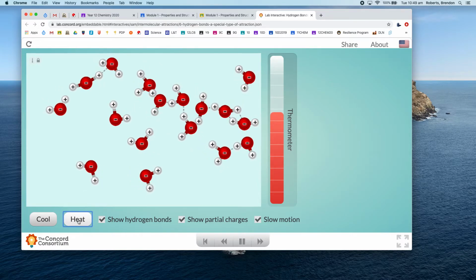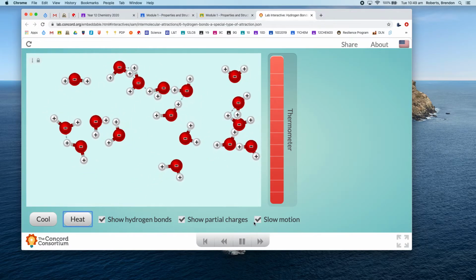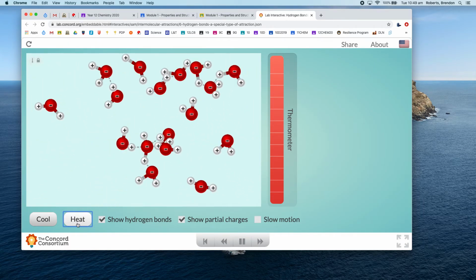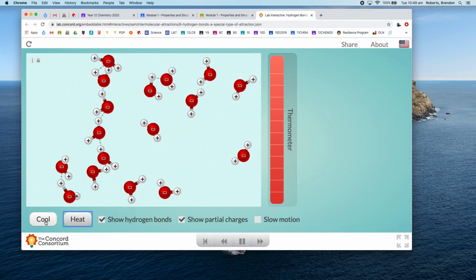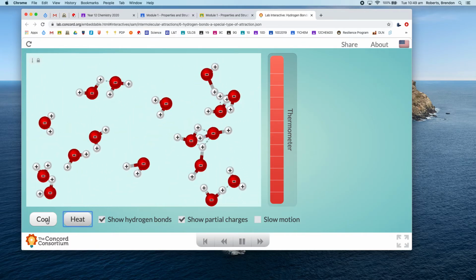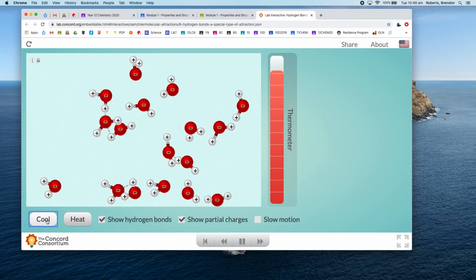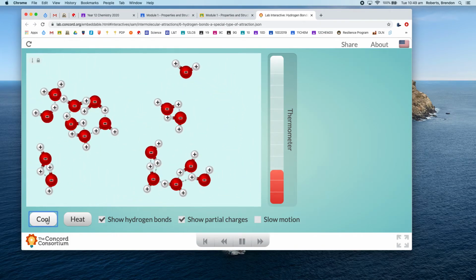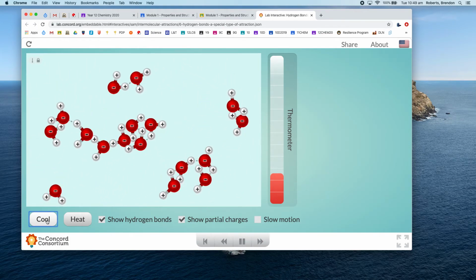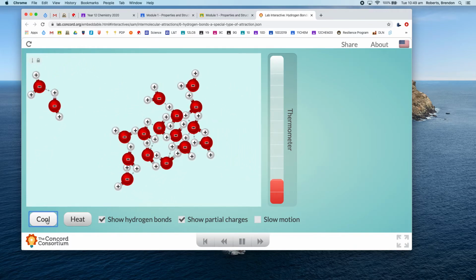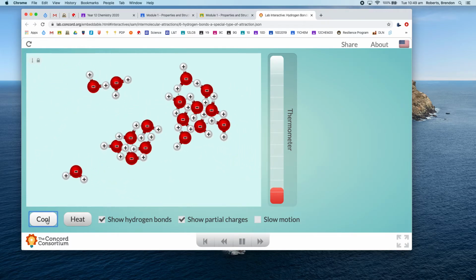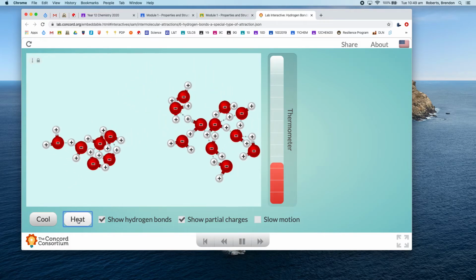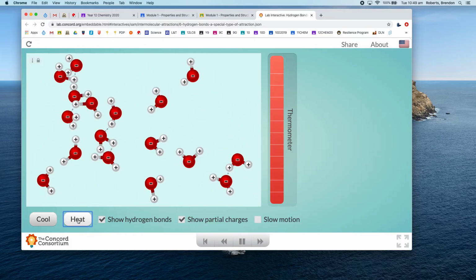Let's see, when we heat it up, they're just going faster, aren't they? We know that just from our general particle theory and temperature. And then cooling it down, we're slowing down those molecules. See how they're sticking together a bit more? Oh, it's almost as if they're a gas right up here.